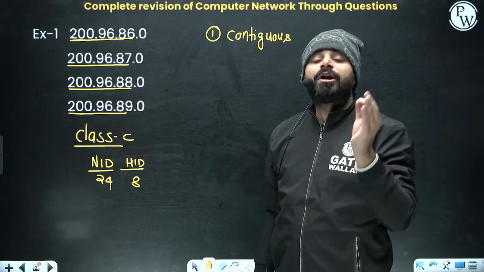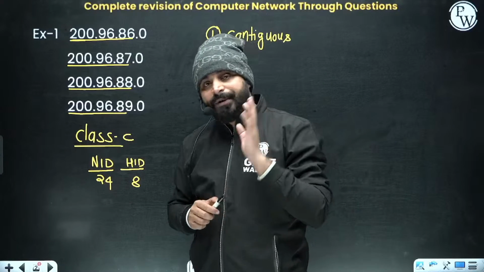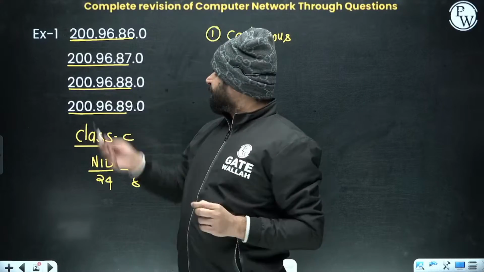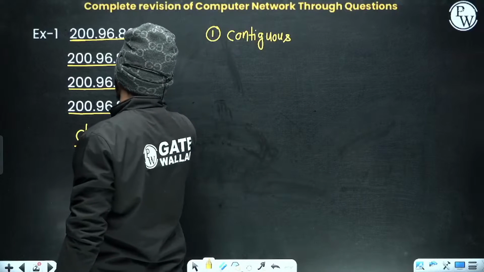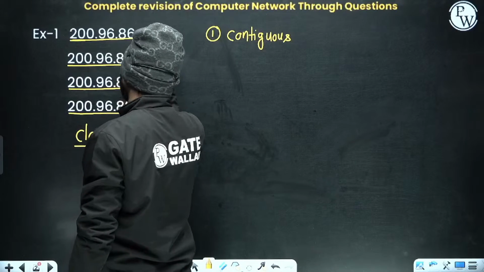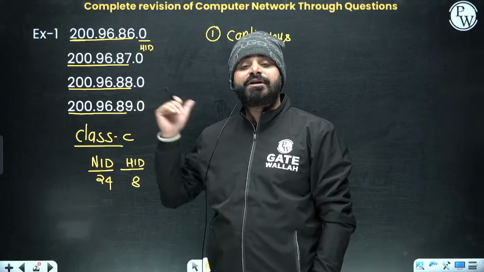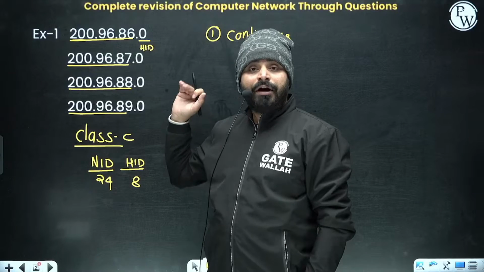This is class C: network ID 24 bits, host ID 8 bits. The first number is 0. What is the last number? Put all ones in the host ID part; 8 ones means 255.